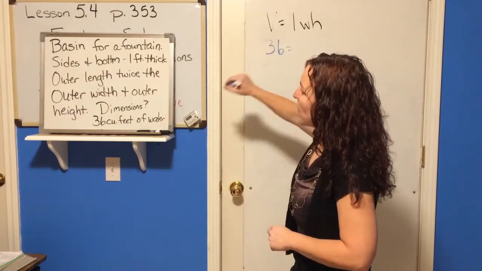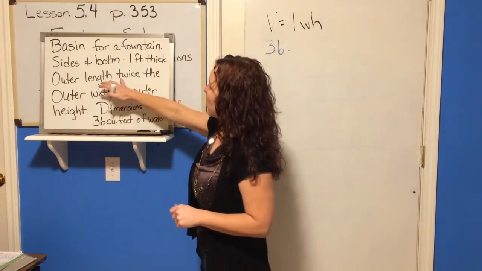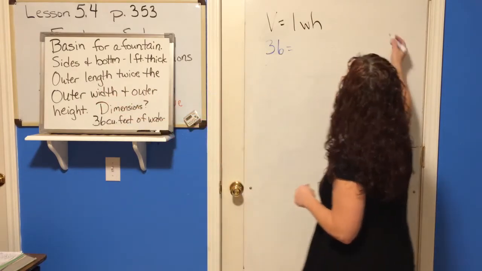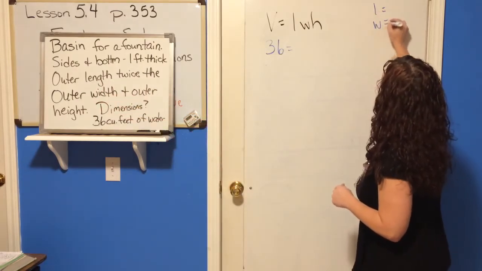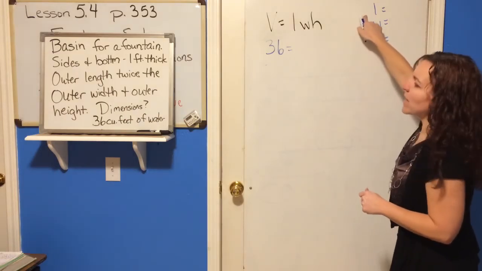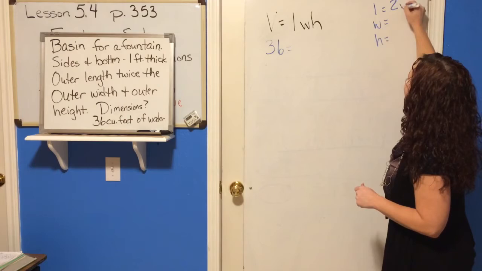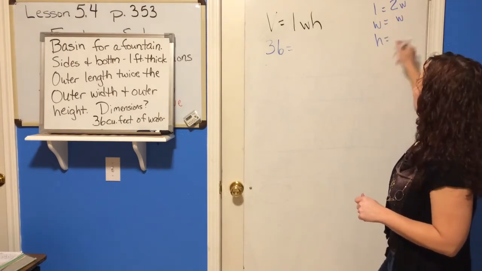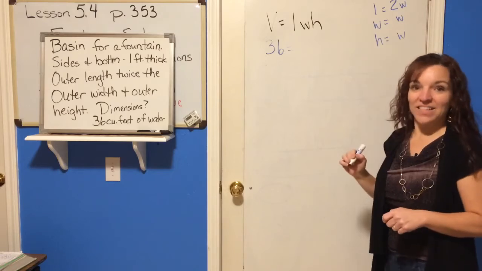The outer length is twice the outer width and the outer height. So the length is going to be twice the width, and the width is going to be W, and the height is going to be the same as the width.